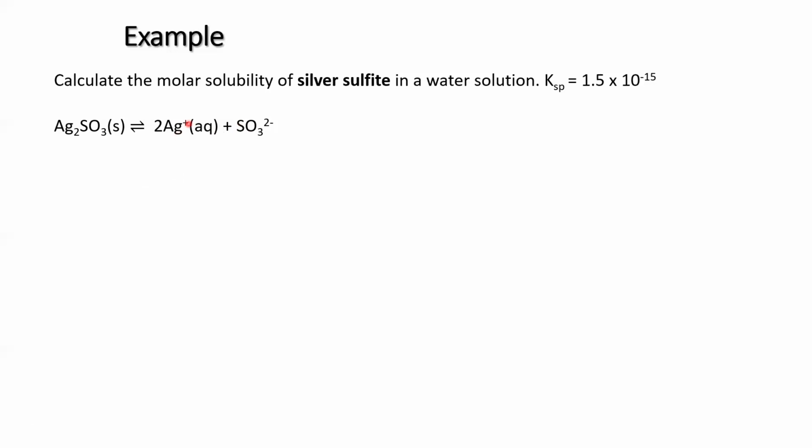Think about what silver ion will be, since we have this 2 here, and what sulfite ion would be, since we have a 1 assumed to be here. You know the KSP.